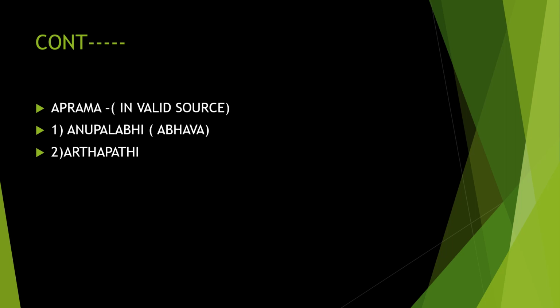We will discuss it in an elaborated way in the next video, so don't worry about it. For now, just know that there are two, Anupalapti and Arthapati. So Aprama is of two types, Anupalapti and Arthapati.